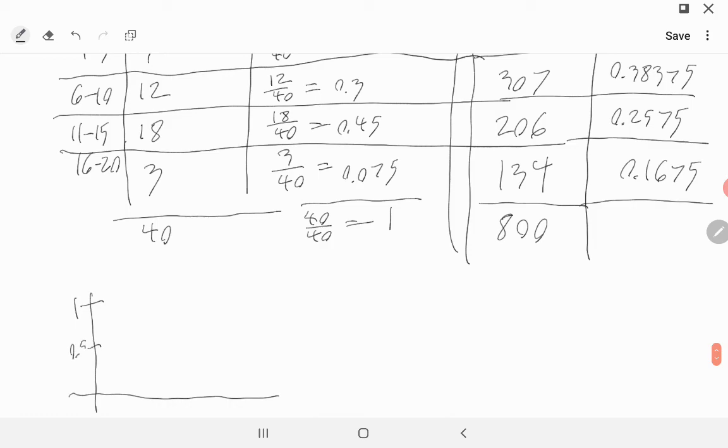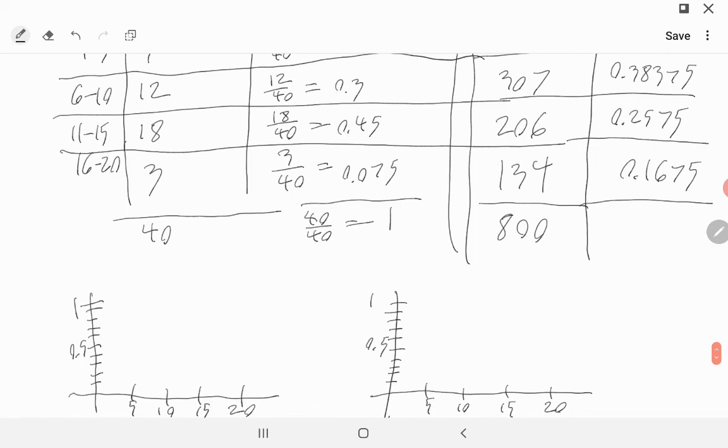So we have the same categories, and every relative frequency histogram is going to go from 0 to 1.